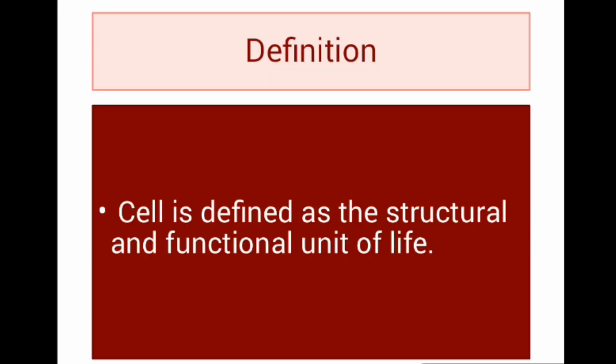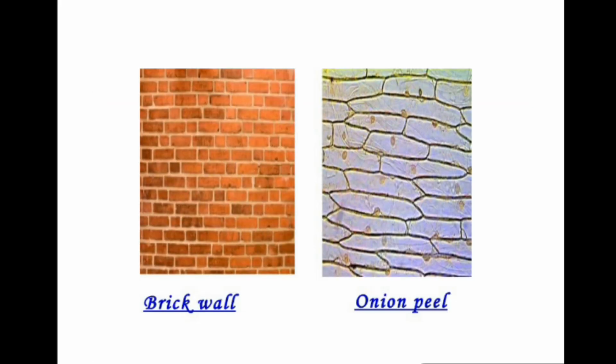How can we define cell? Cell is defined as the structural and the functional unit of life. Let us compare a layer of cells with that of a brick wall. Now look at this brick wall. The entire wall is made by single bricks put together and cemented together.